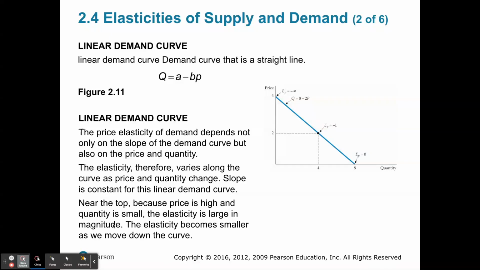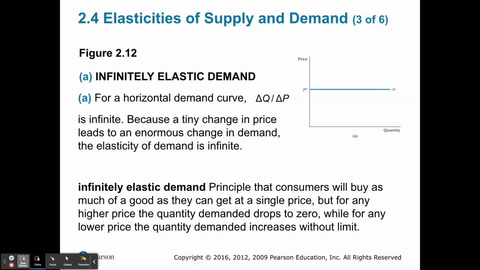Okay, let's see. We can talk about extreme goods where we have infinite elasticity. That would be one where, as long as the price is, in this case, P star, there's unlimited demand, and at any price other than that, it's completely eliminated. It's pretty extreme, but it's good to know, I guess, theoretically.